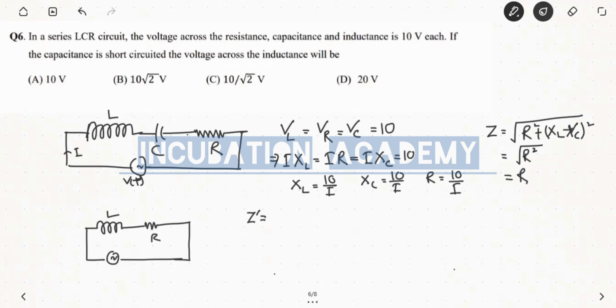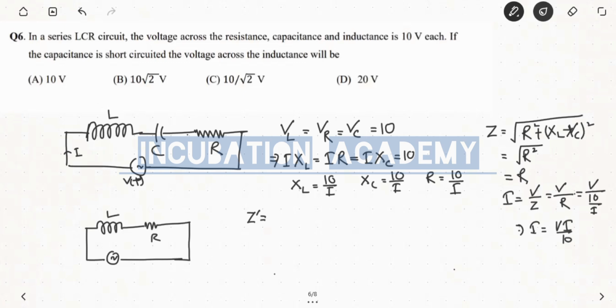The circuit is completely resistive here. So if I want to find the value of the current, we can say V by Z. So that will be V divided by resistance R. R is 10 by I, so it is 10 divided by I. So from here obviously I equal to, very interesting thing, VI divided by 10.